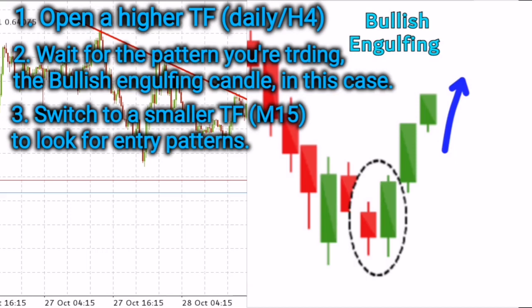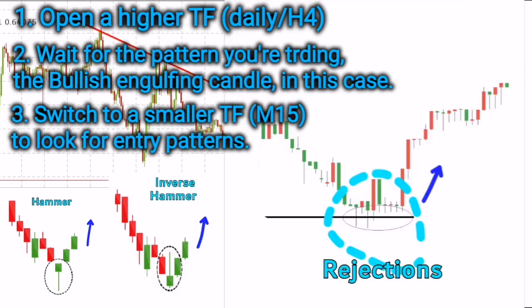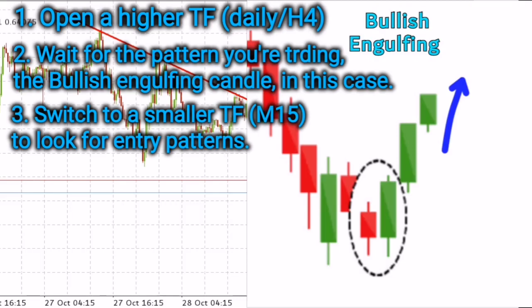That can be the entry patterns that I spoke about, which can be the hammer, the inverse hammer, rejecting candles. All right, and then once you see those entry patterns, you take your trade, you put your stop loss at the right place, just below the engulfing candle.